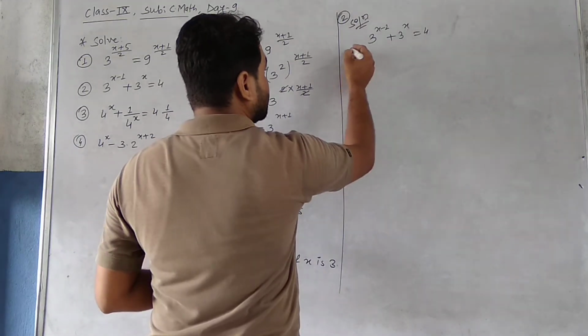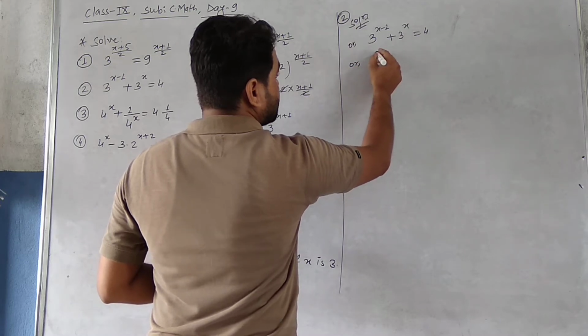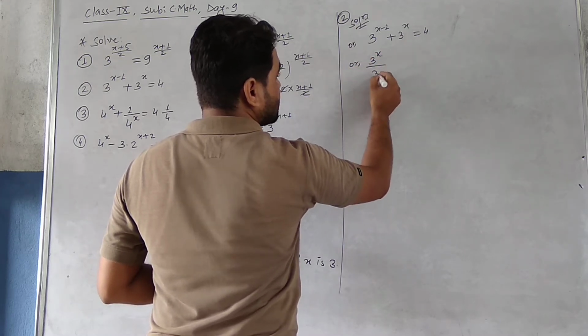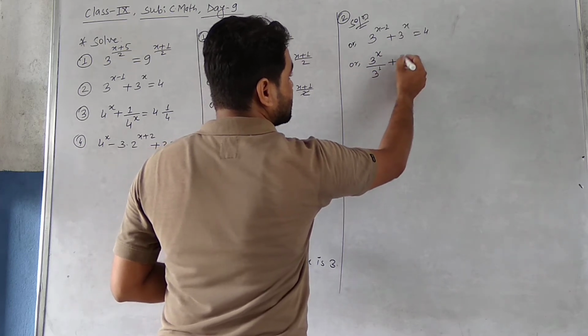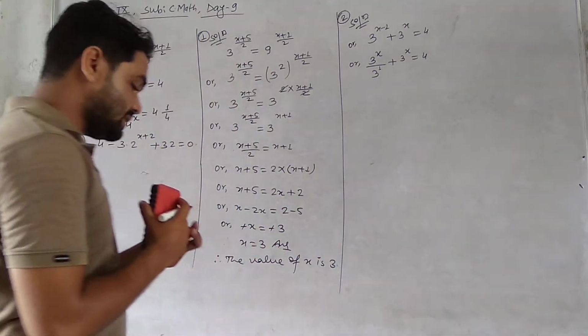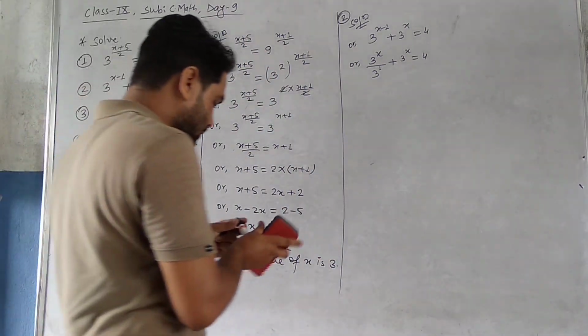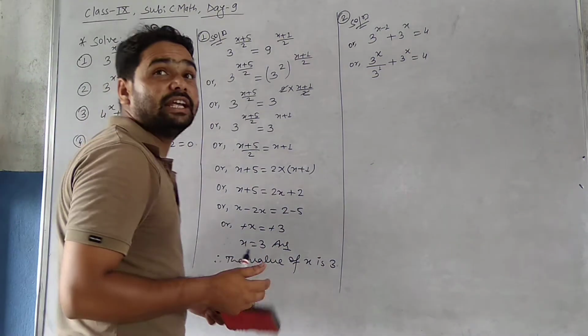So we write 3 power x upon 3 power 1 plus 3 power x equals 4. This is the exponential equation, and we have split it in the form of indices.